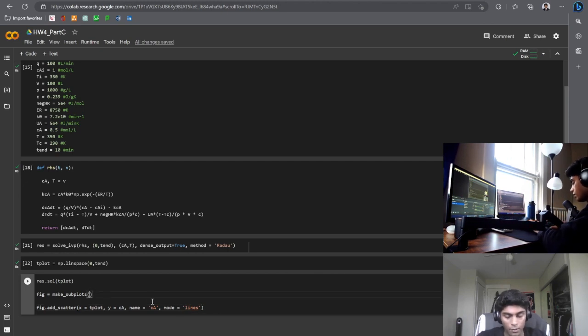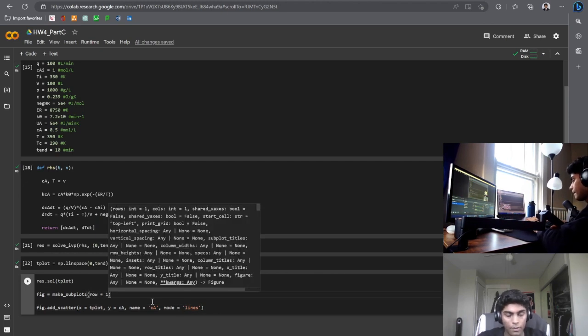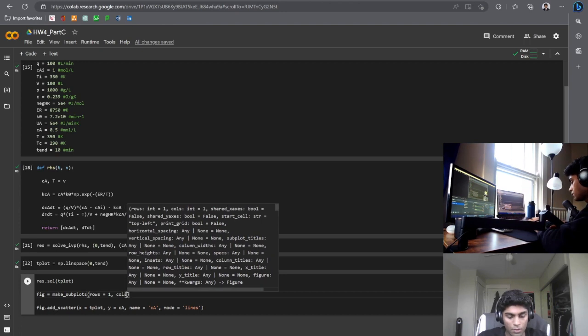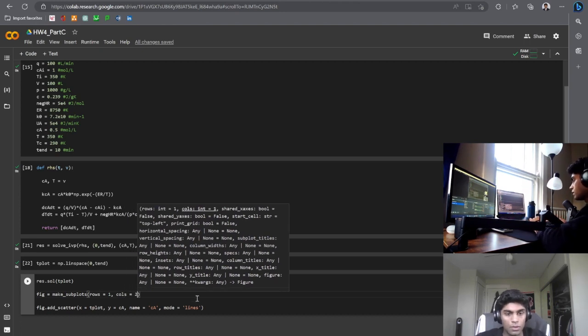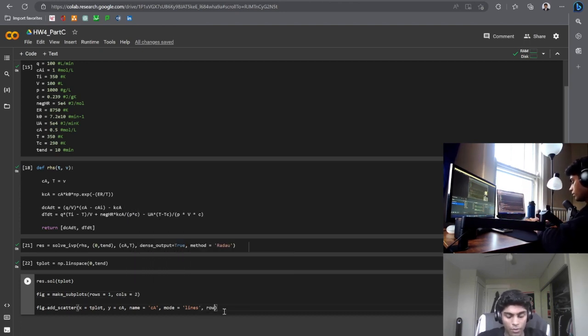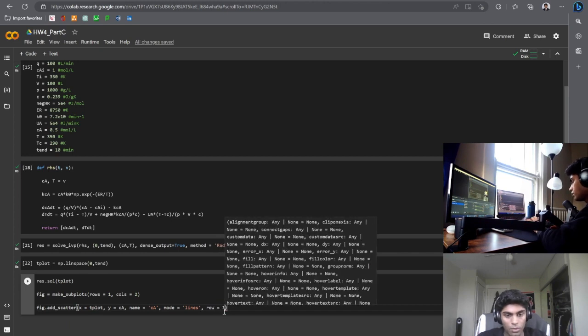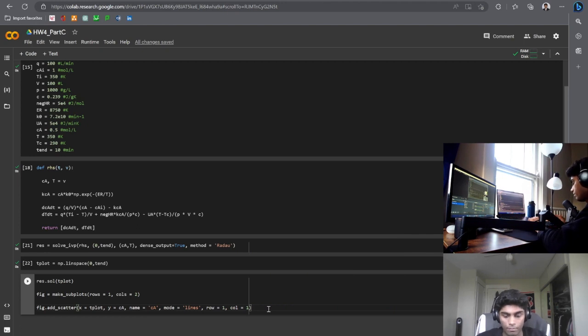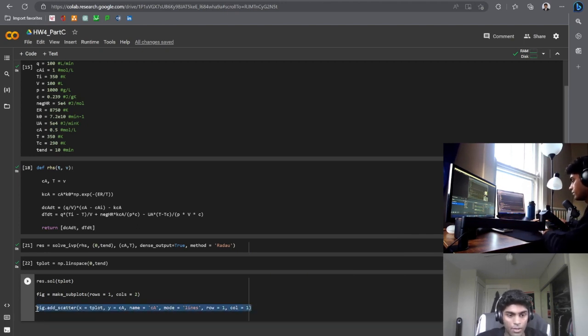So let's do one thing here. We'll go row equal 1 and col equals 2. So this one's going to be row 1, column 1. And we're going to do the same thing.